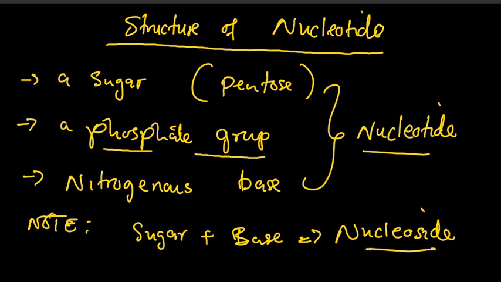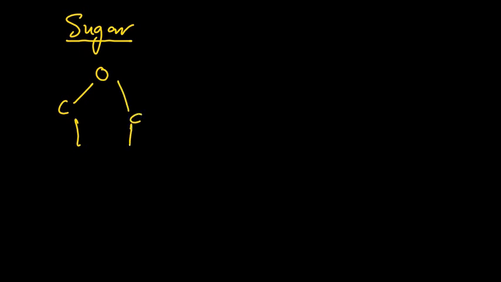Now, for the sugar that we are discussing, let's talk about how it looks. We'll also talk about how the phosphate and the nitrogenous bases look. For the sugar in particular, it's supposed to be a 5-carbon ringed sugar.